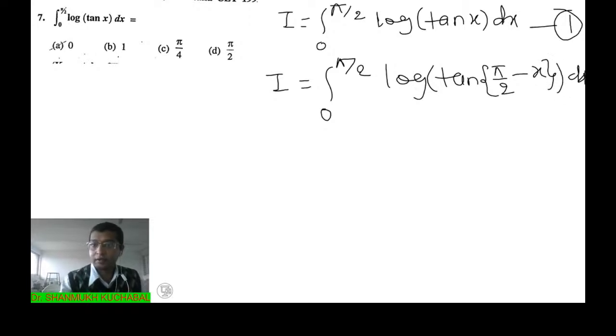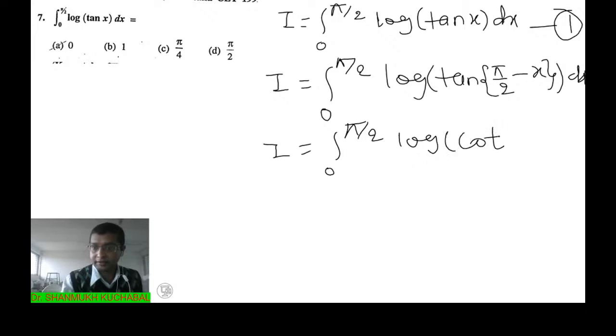So I equals the integral from 0 to π/2 of log of tan(π/2 minus x), which is cot x, dx. We call it equation 2.